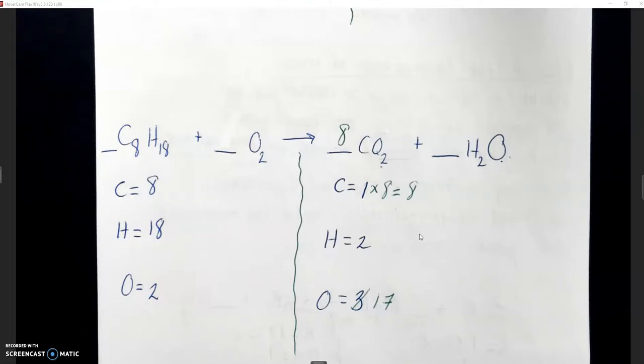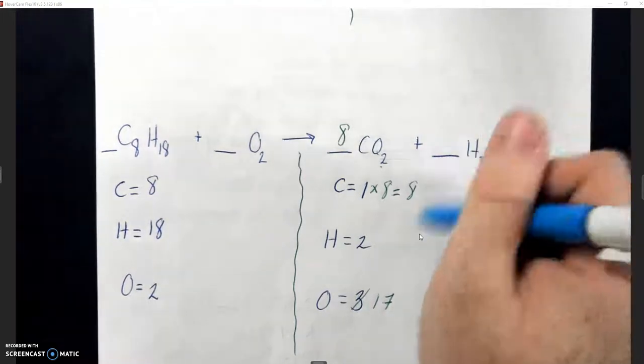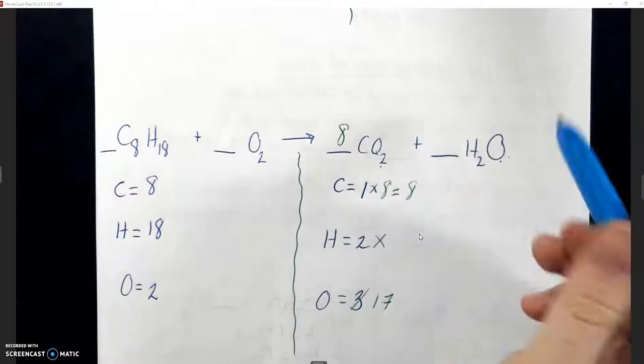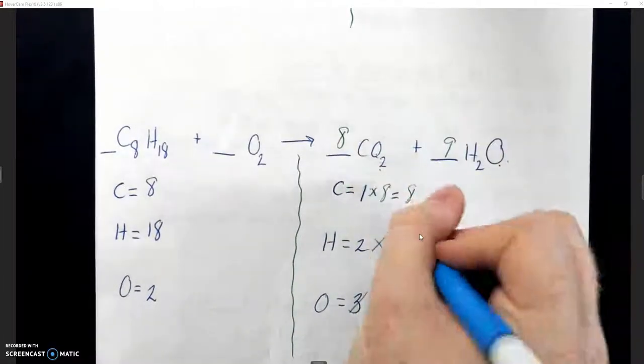Alright, let's do the hydrogens next. We have 18 over here and I've got 2 over here. So what number am I going to multiply this 2 by to get me to 18? The coefficient out in front will be 9.